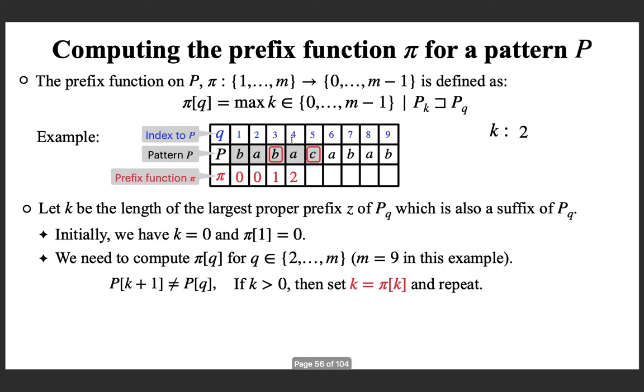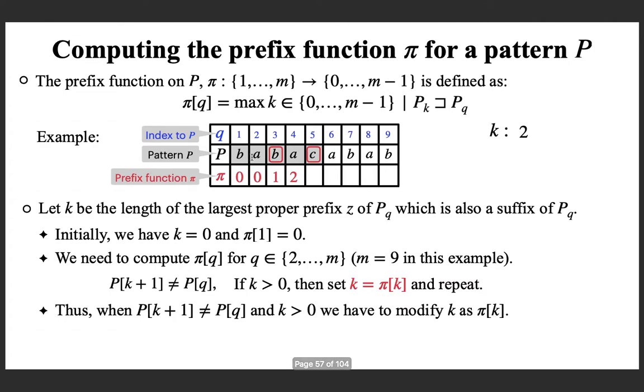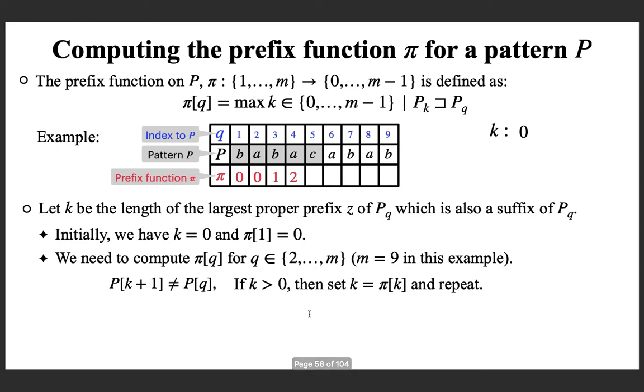So you are updating this as pi k, k as pi k, the largest prefix of BA, that is the value. And so when this happens and k is greater than 0, we found that what you have to do is, you have to set it as pi k. Okay, that is what we did.